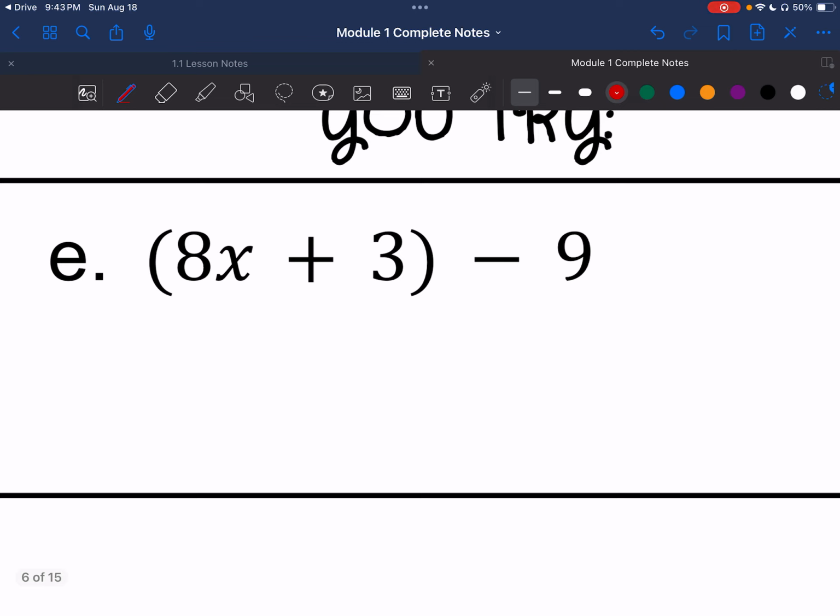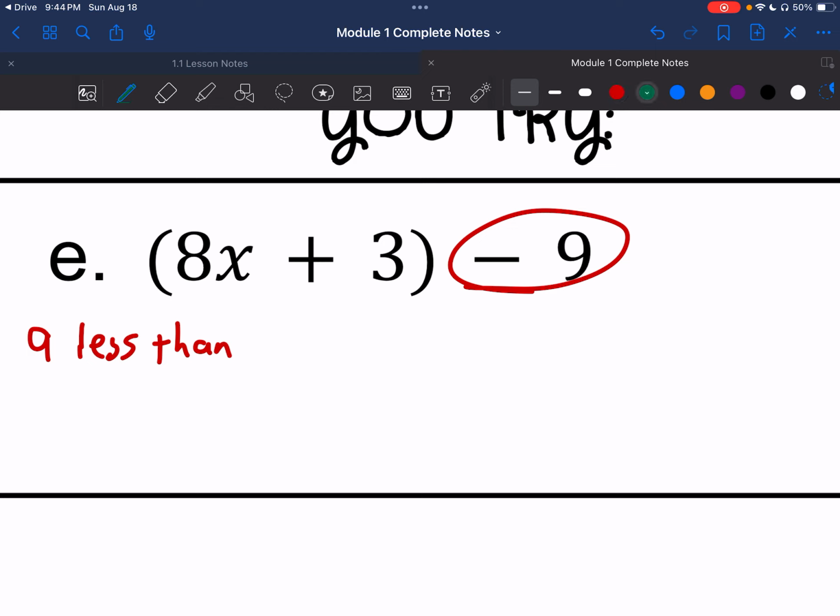So letter E, we've got 8x plus 3 and then minus 9. We have parentheses in there. So we can say 9 less than, all right, that's this portion of it. And now we need to deal with the parentheses, and we've got a plus sign, so we have 9 less than the sum.